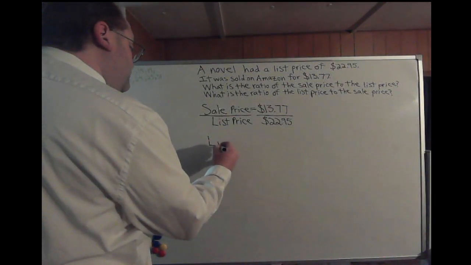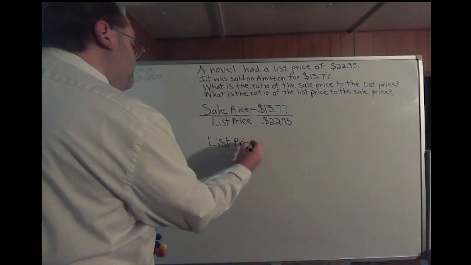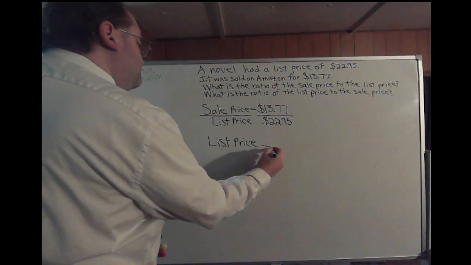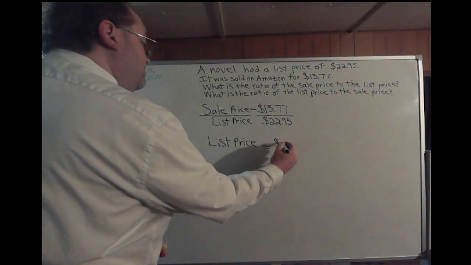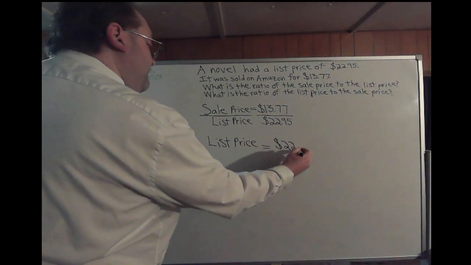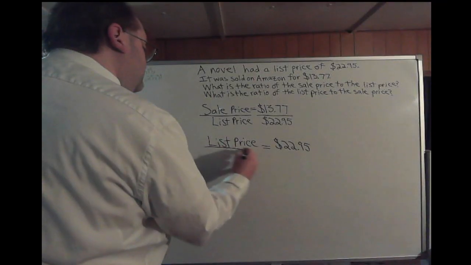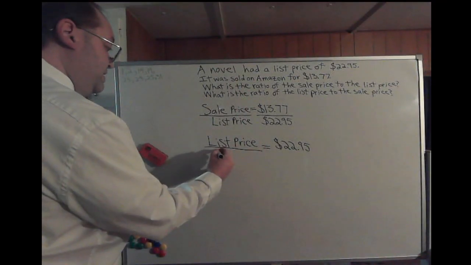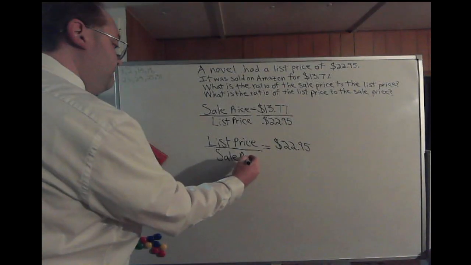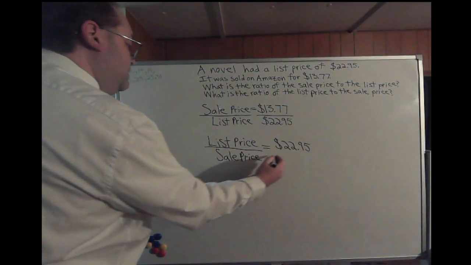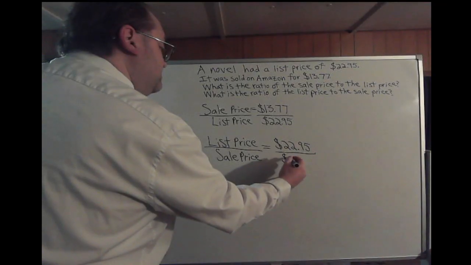Then they ask you, what is the ratio of the list price to the sale price? Well, let's start with the list price this time. The list price was $22.95, and the sale price was $13.77.